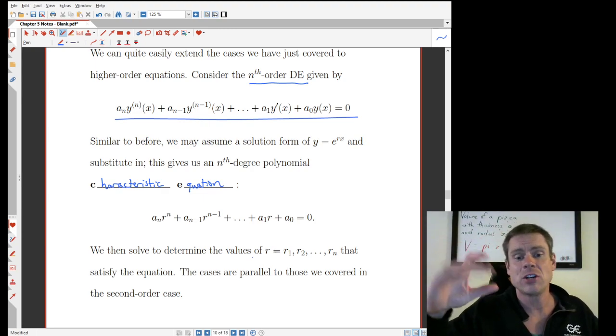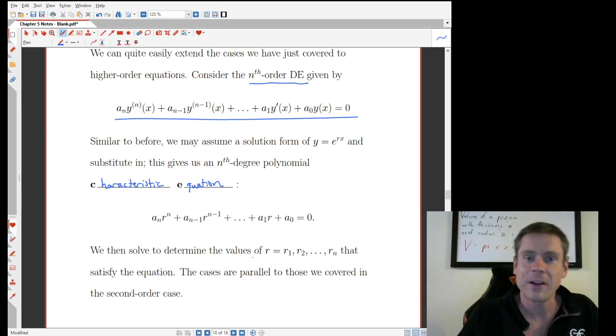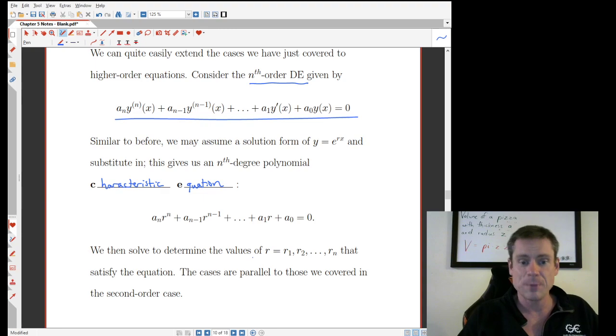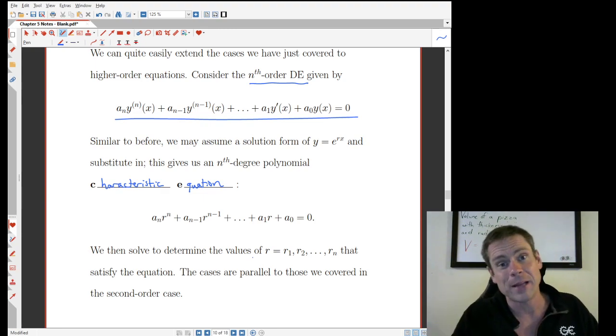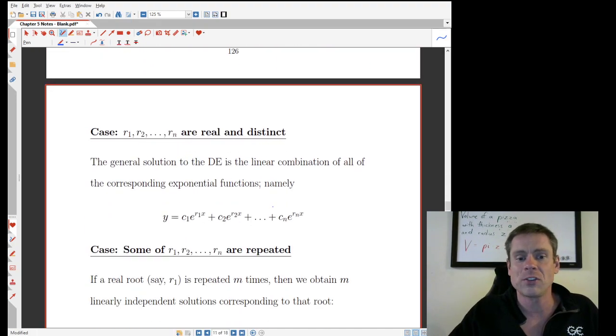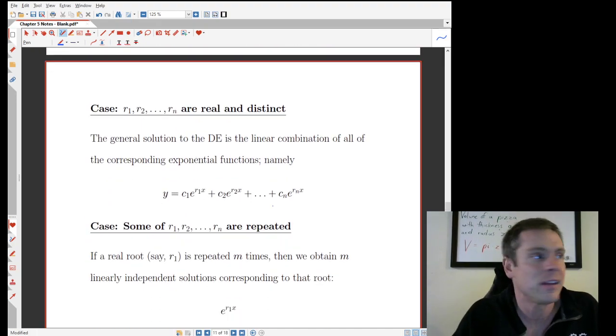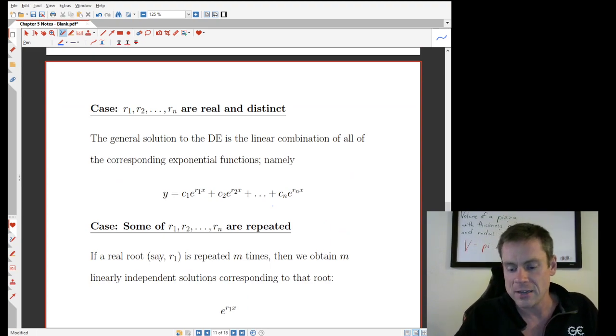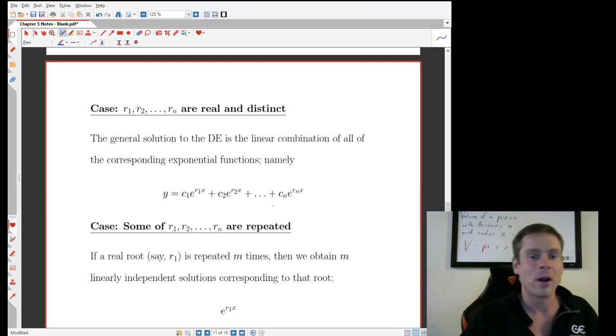You get to that equation, you solve it for the different values of r that satisfy it. There should be exactly n of them for an nth order equation, but some of them might be complex, some of them might be repeated, and you have to be aware of that. But then once you've got them, the cases are all parallel to what we have already covered. So we're just going to dance over some of those cases and then do a couple of examples, and that'll be it. It's not going to be too hard, I don't think.